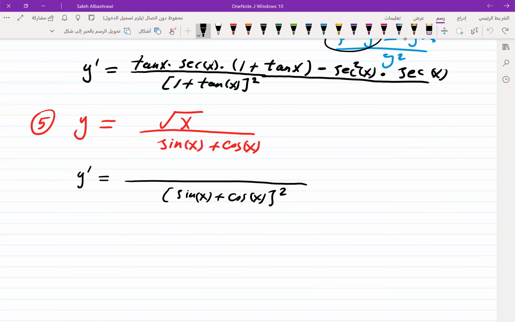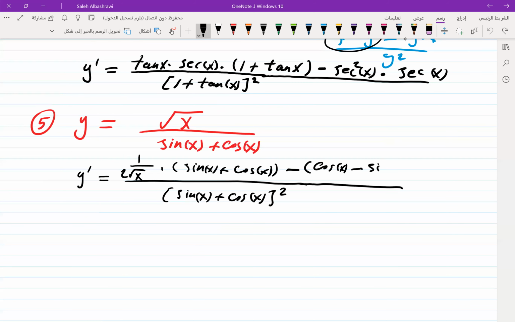For the numerator, the derivative of square root of x is 1 over 2 square root of x, multiplied by the denominator, which is sine x plus cosine x, minus the derivative of the denominator: sine will give me cosine x, the derivative of cosine is minus sine x, all of these multiplied by the numerator, which is square root of x.